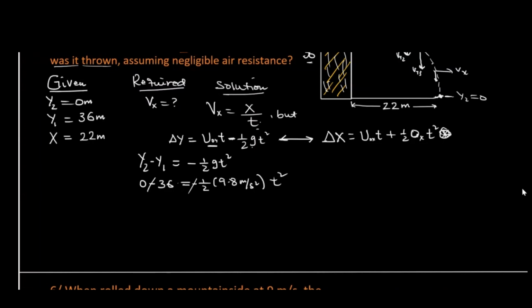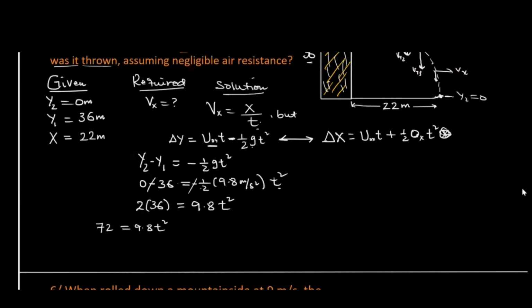Next I'm going to cross multiply because I'm looking for t. I get 2 times 36, which is 72, equal to 9.8 t squared. Let me leave the unit for now, since t is just in seconds.